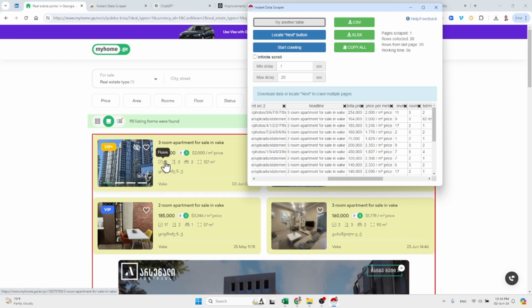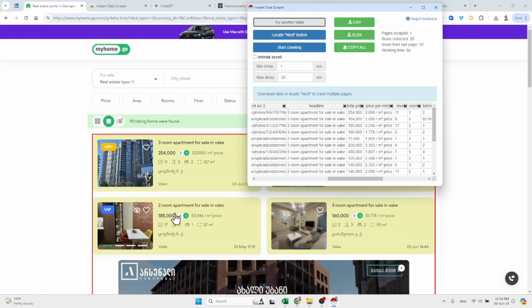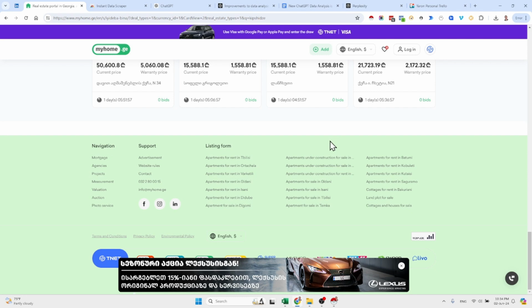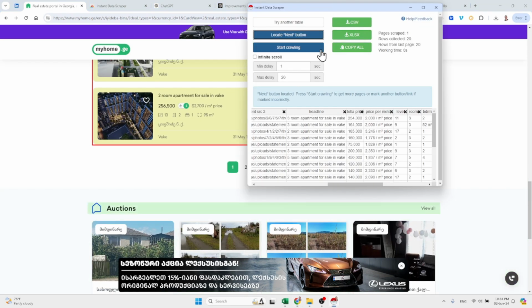This is the level, 11. The number of rooms is 3 and number of bedrooms is 2. And as you can see, it collected all the relevant data points. Now locate the next button. You need to click on this button. And then as soon as you click start crawling, it will start crawling the relevant data in the database.